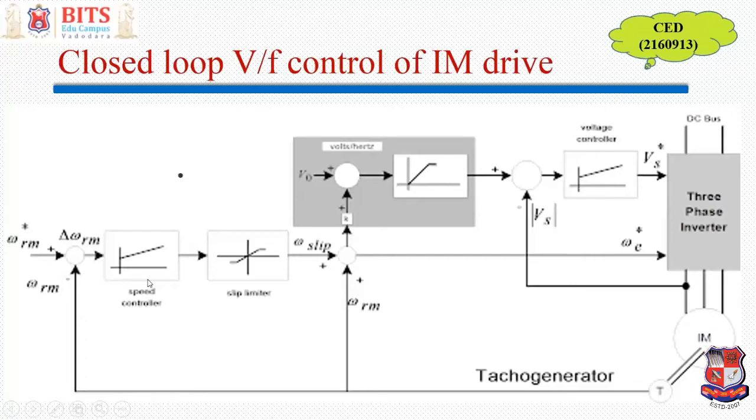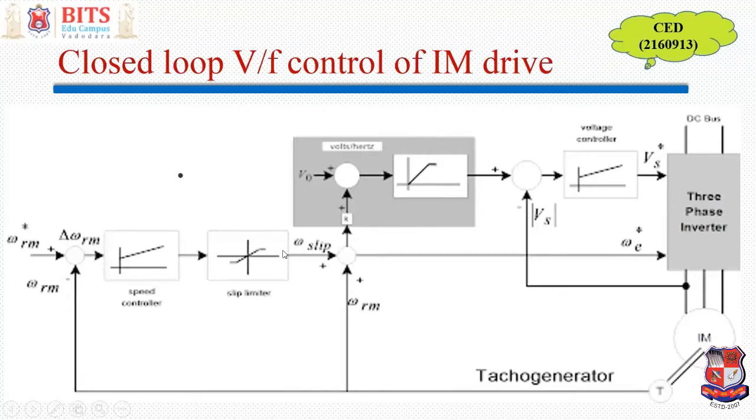zero. After every PI controller, you are supposed to have a limiter block. So this is called a slip limiter. So that means whatever is the error, if error is within this band, proportionate signal is there. But if error is large, you will have some constant maximum output from this.